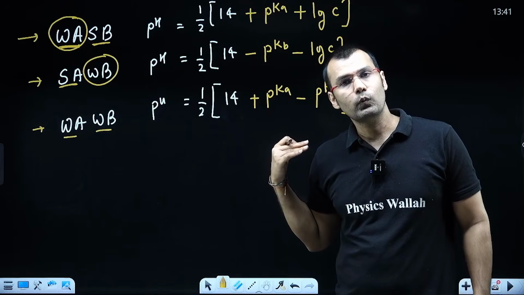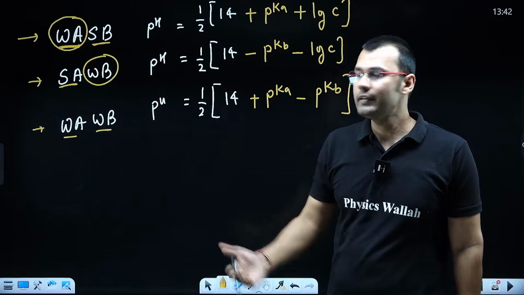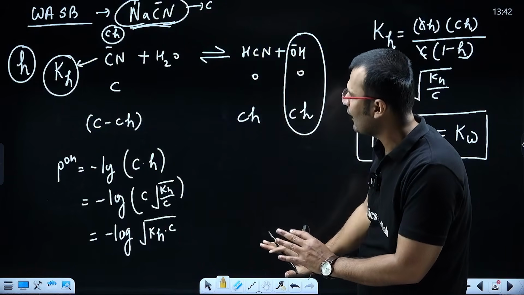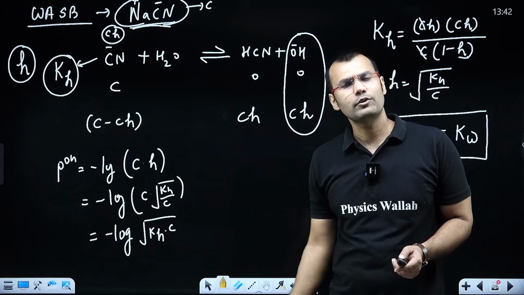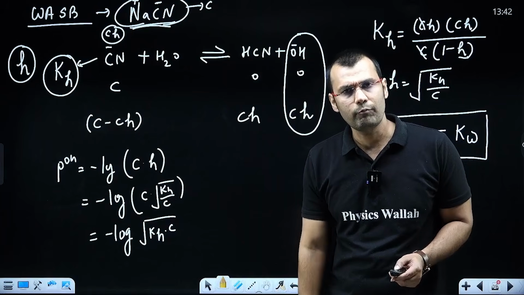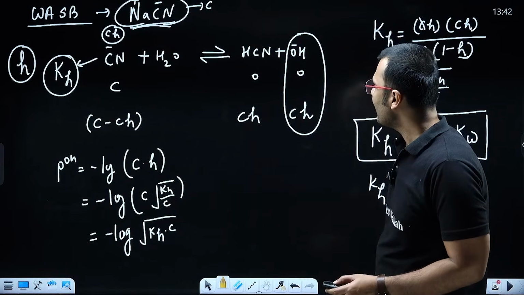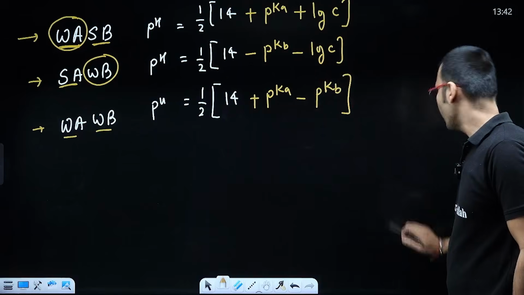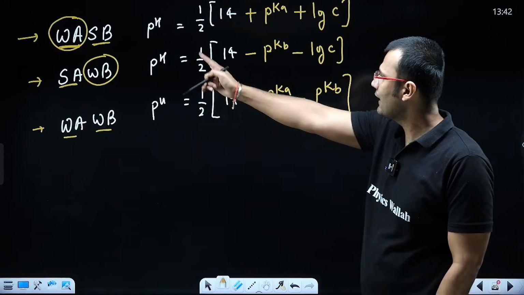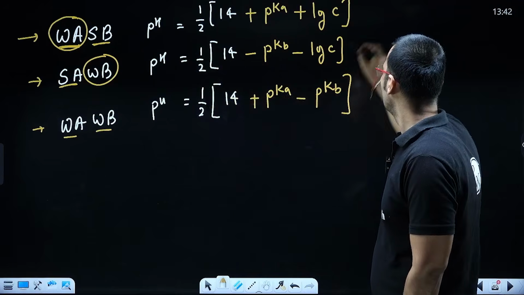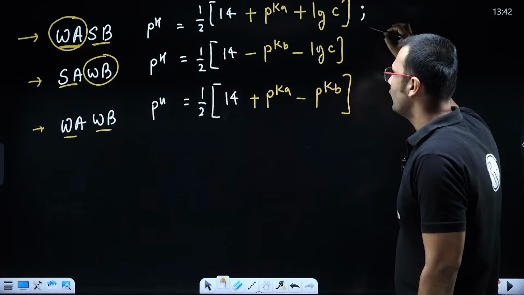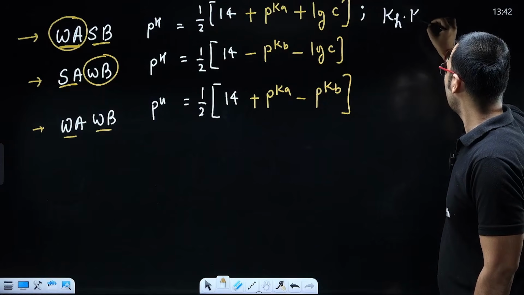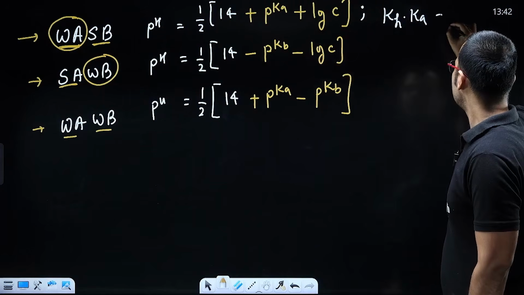And if you want to talk about the derivation, I just gave a hint on how to derive. In the same way you can calculate for strong acid, weak base, or weak acid, weak base. But apart from pH, please remember a few more points. In case of a weak acid, strong base salt, when we talk about hydrolysis, we have this relation: hydrolysis constant into Ka of the weak acid is equal to Kw.